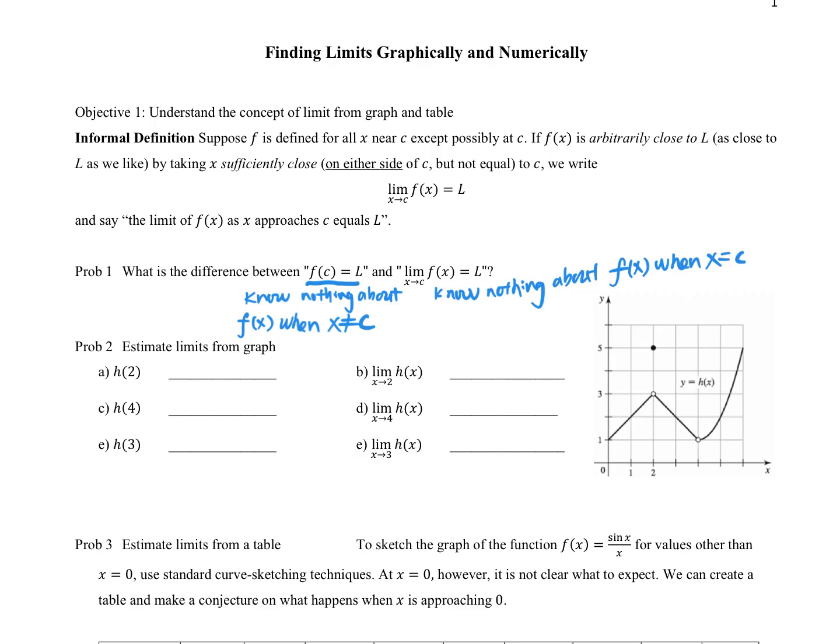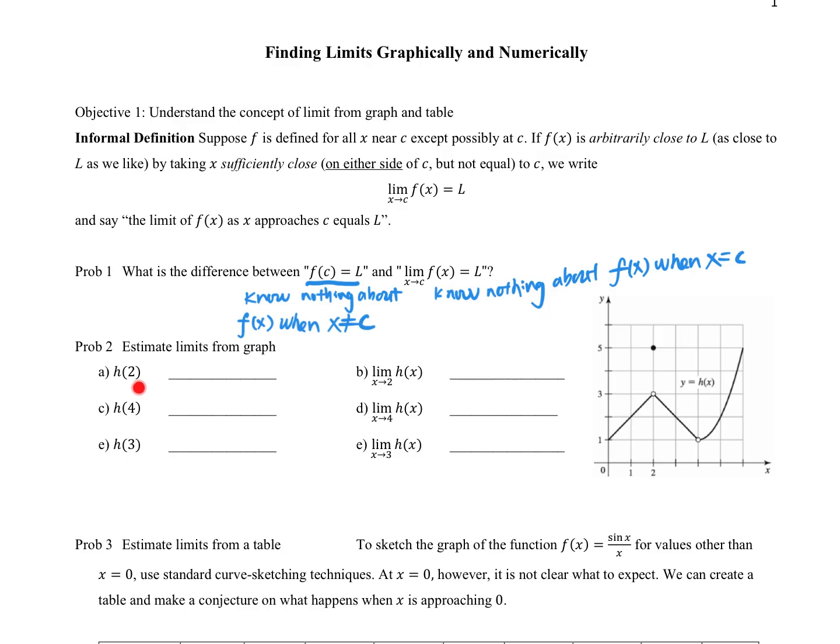All right, let's estimate the limits from the graph. First of all, let's take a look at this graph, which represents the function h, and we're going to use the information provided in this graph to answer all these questions. First of all, let's take a look at h of 2.